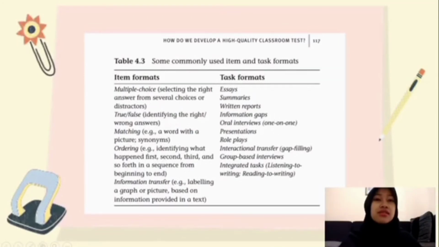Item formats include multiple choice, true or false, matching, ordering, and information transfer, and so on. And the task formats include essays, summaries, written reports, information gaps, oral interviews, presentations, role plays, interactional transfer, group-based interviews, integrated tasks, and so on.